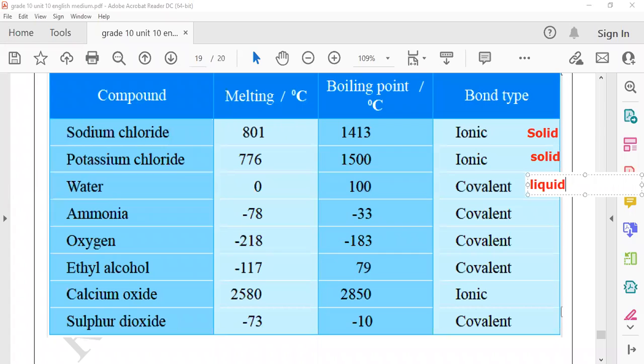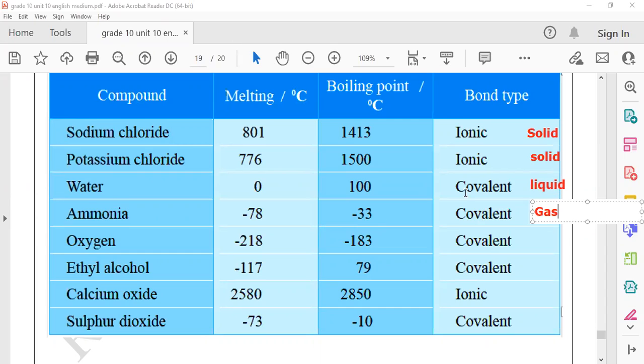Yes, sir. Fitting. Okay. If you take ammonia, it is a gas. Why? Both are negative values, below 0, smaller than 25 degrees Celsius.